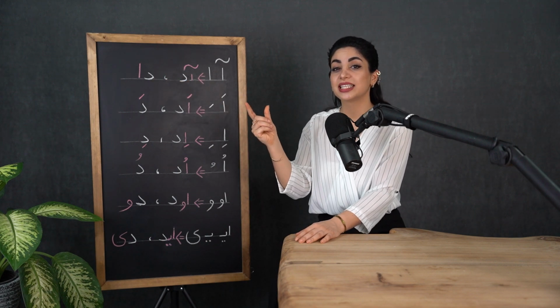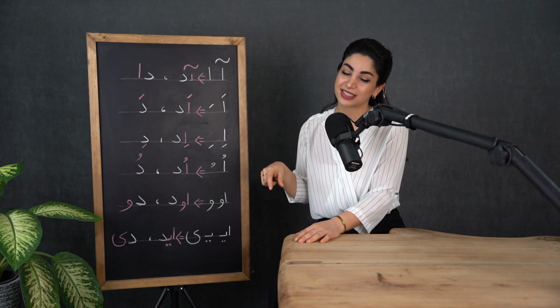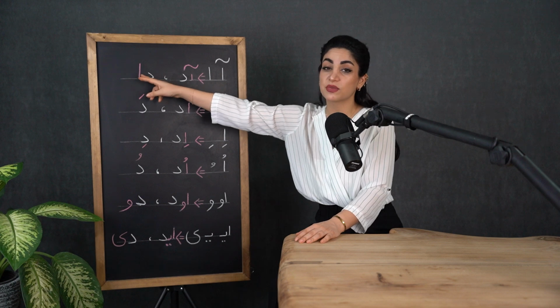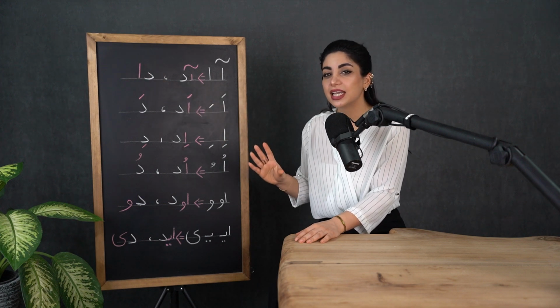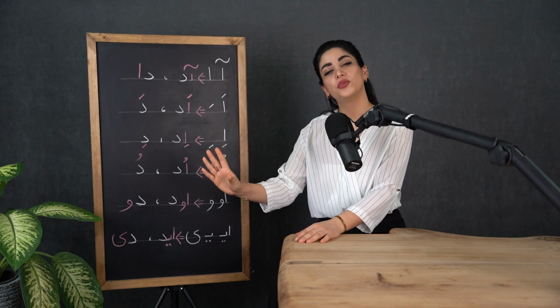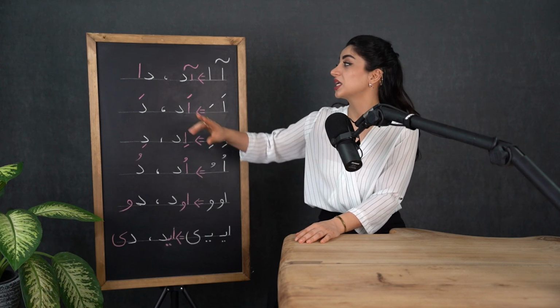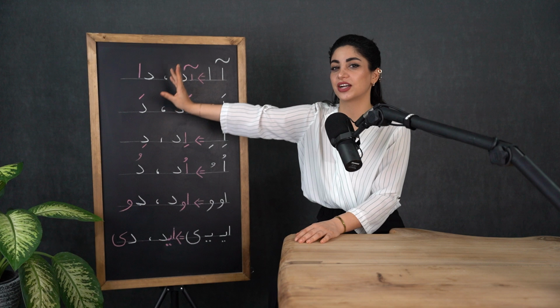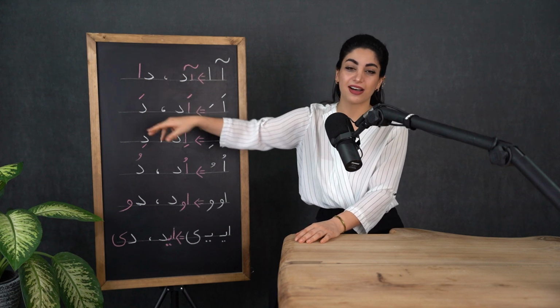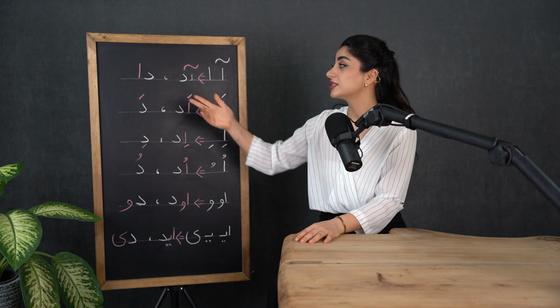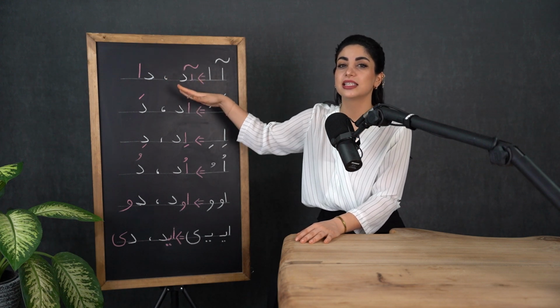So this one attaches to some other consonants or vowels, not to A, because this one doesn't come at the beginning, always at the middle or at the end. So nothing attached here. First de, then a. So da, da.